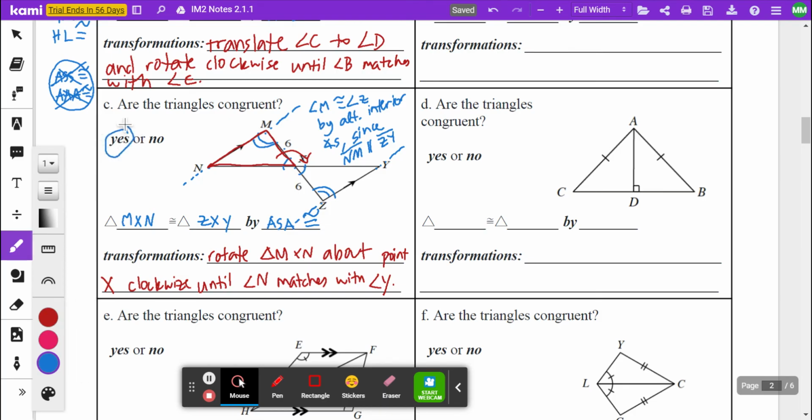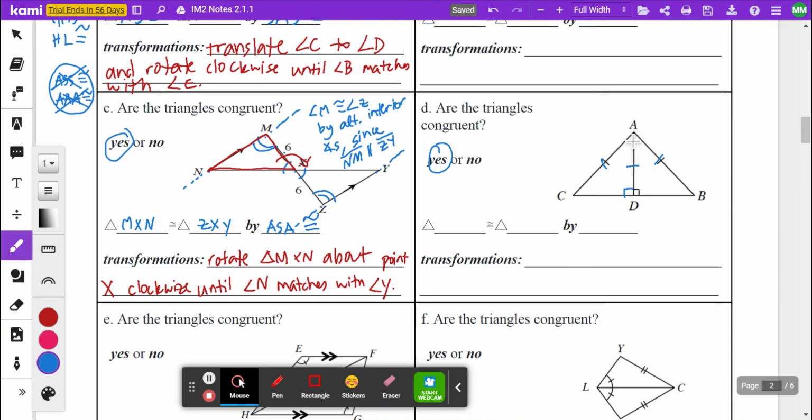Yes. Part D. Are these triangles congruent? Yeah. I gotta say, yeah, they are. I see it. Yes. I've got two right triangles, and they have a matching hypotenuse.